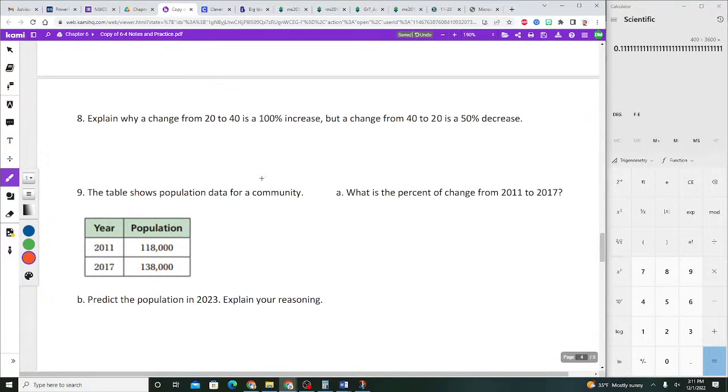Explain why the change of 20 to 40 is a 100% increase, but a change from 40 to 20 is a 50% decrease. The reason why, and I'll show this to you, we'd go 40 minus 20 divided by 20, or we'd go 40 minus 20 divided by 40. And so you can see that the difference is the denominator.